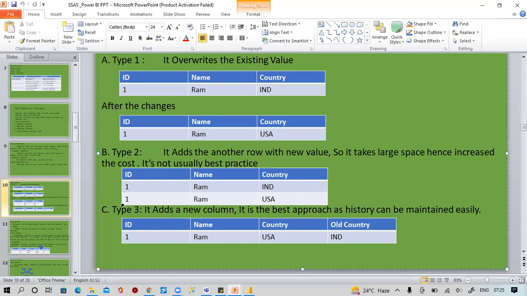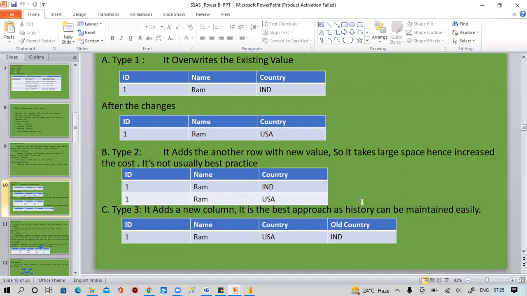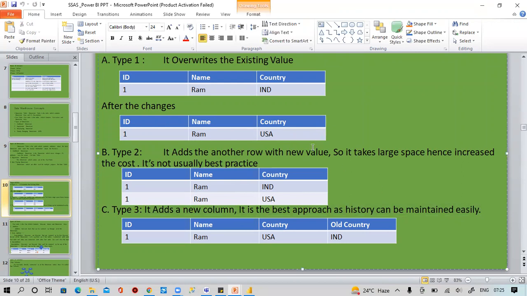You should say, compared to the others, type 3 is better, even performance-wise and in memory occupancy-wise. I hope you got this point. Slowly changing dimensions: if someone asks, I hope you would answer this question perfectly.